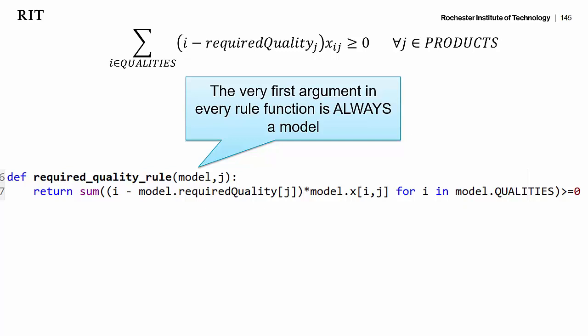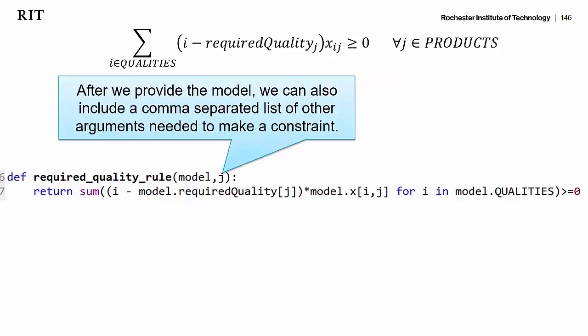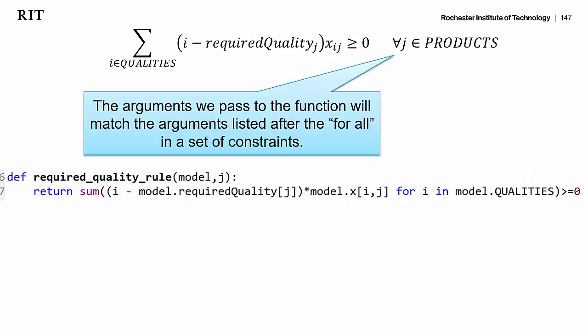The very first thing, we always pass any of our rules a model. We can see our model being used 3 times in this constraint. And then after we pass it a model, we have a comma-separated list of other arguments that we need in order to be able to make a constraint. So in this case, if we weren't really sure what to put here, if we have a for all after our constraint, so here we have for all j that are elements of products, this for all portion of our formulation tells us that we need to be passing something to this function.